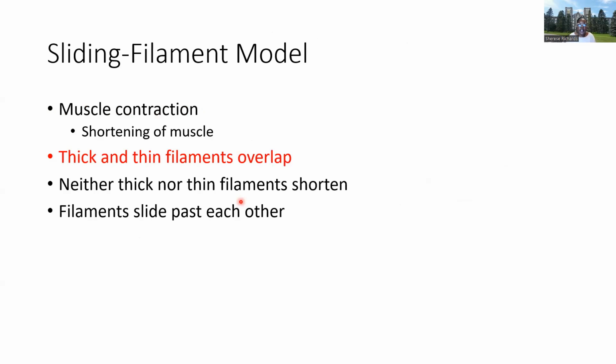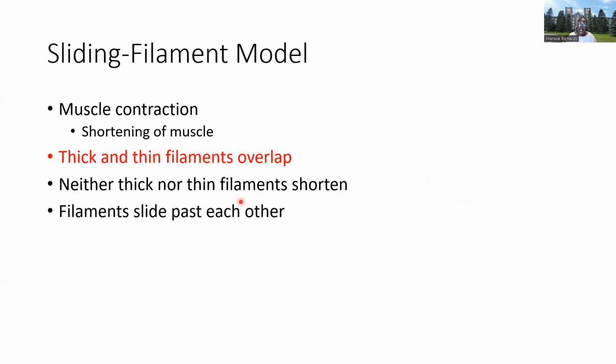Now, muscle contraction is the shortening of the muscle. It is the thick and thin filaments being overlapped. But here's the thing. Neither of these filaments are actively shortening, right? It's really important to understand. Nothing is shortening. Nothing is contracting on its own, so to speak.